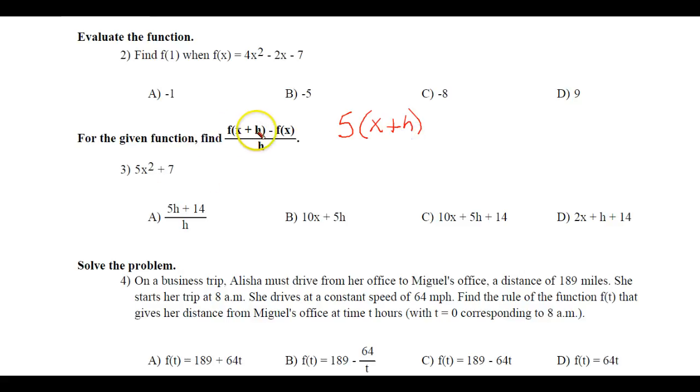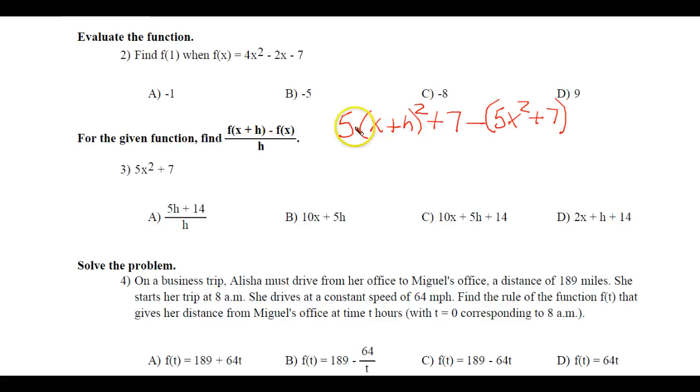We're replacing this value for the x squared plus 7. Now, minus this value here, which is, in parentheses, 5x squared plus 7. Now, all of this is going to be over h.